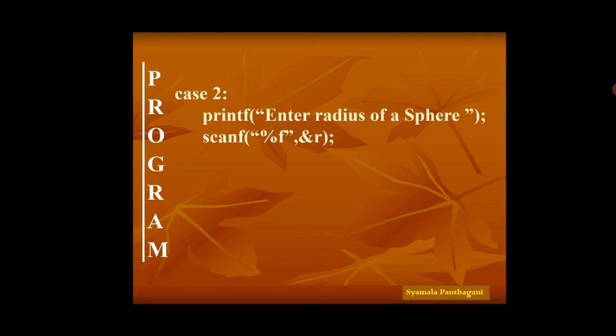We are taking the radius as input and we are going to substitute this value in the formula. Before substituting this value, we are initializing pi with 3.14. Now v is equal to 4 by 3 into pi into r into r into r. Again write another r.